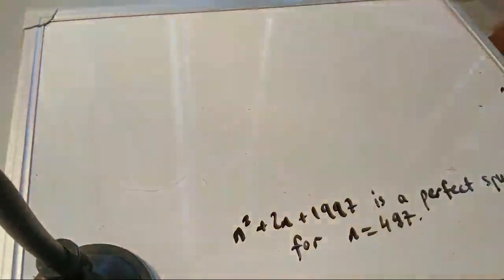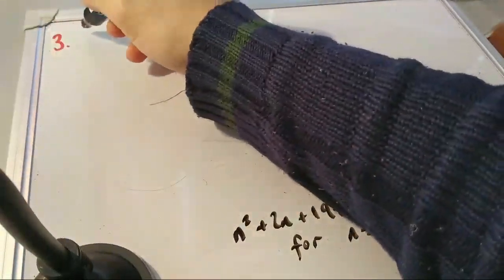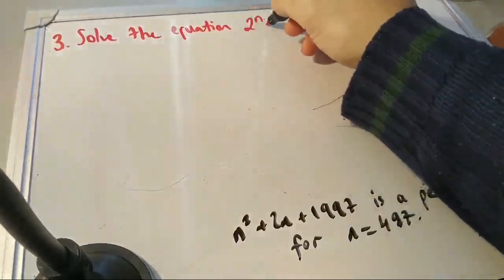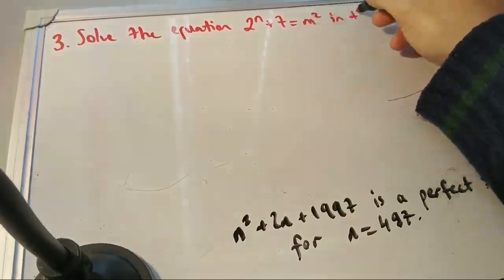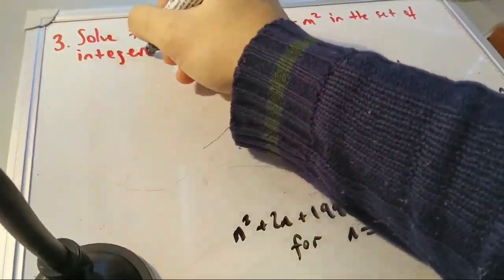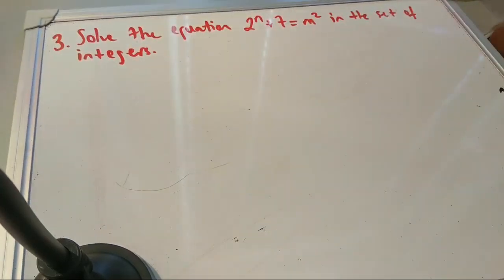Okay. Question 3. Solve the equation 2 to the power of n plus 7 is equal to m squared in the set of integers, so n and m are integers.